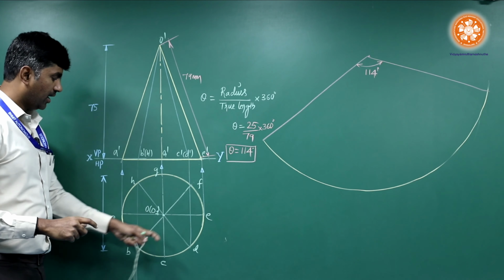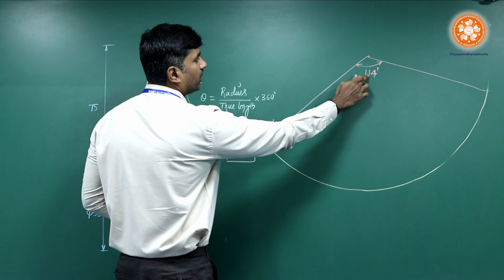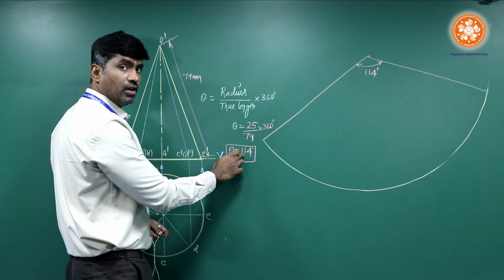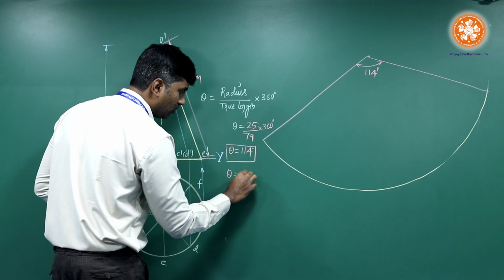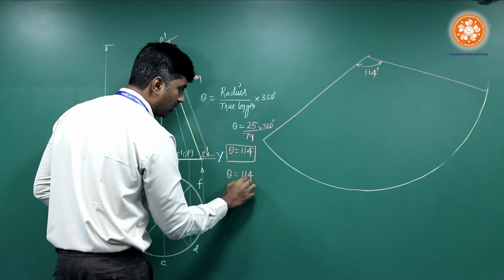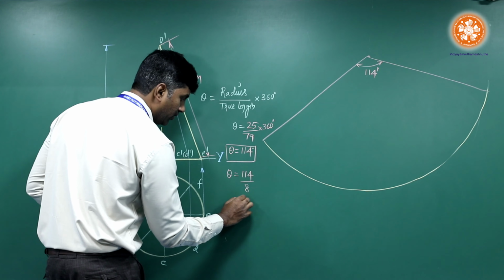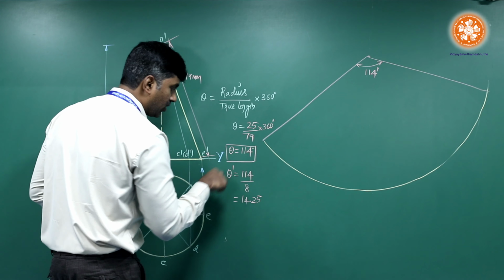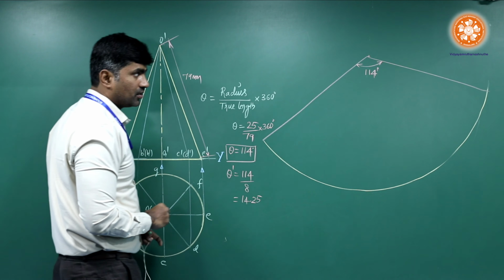Since we have done 8 number of divisions here, this 114 degree should be divided by 8 number of parts. If I divide this, theta is equal to 114 divided by 8. So we will get 14.25. Say I will call this as theta dash because it is about the division.